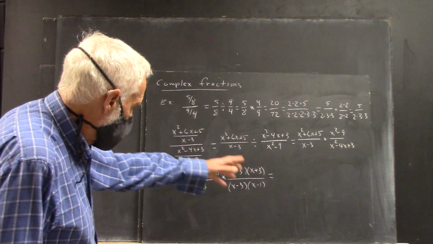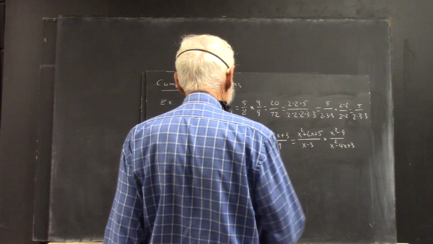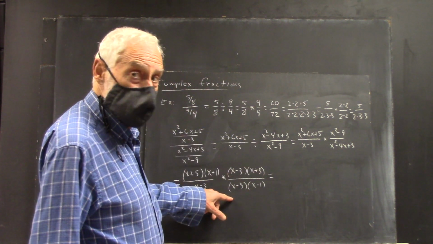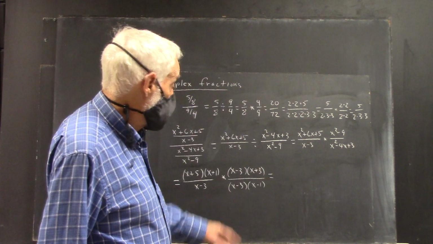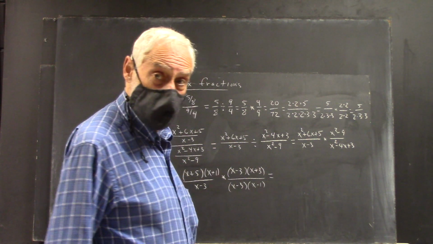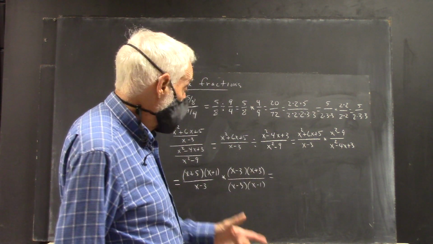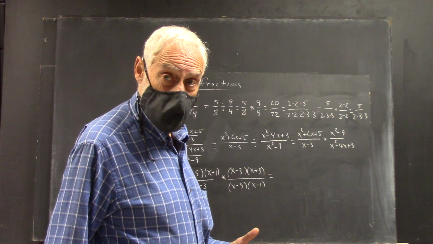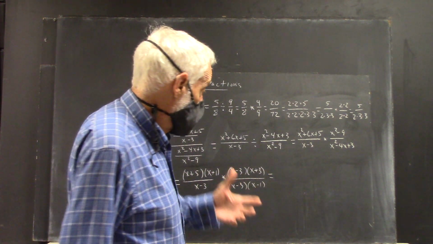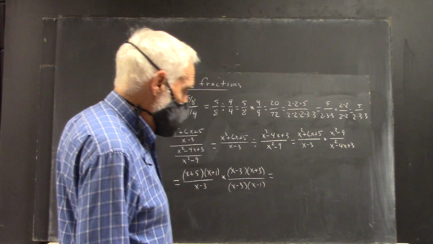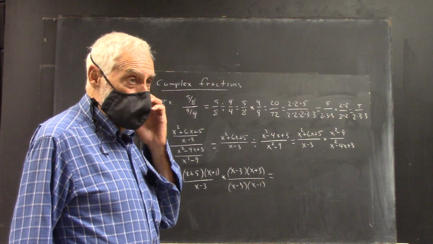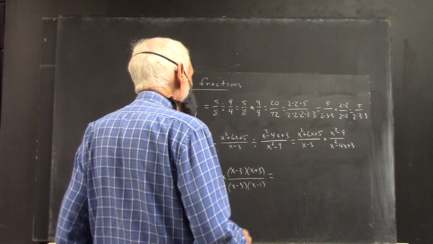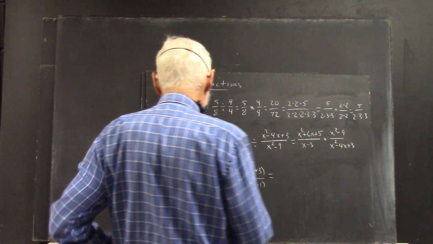Okay, so now I write out the entire numerator. Now, immediately, I could factor out the x minus 3's here. I don't just cross them out. I factor them out, make sure that these are actually factors, because cancellation doesn't work if you don't have factors. And people, as I've said many times, there's an epidemic of people factoring things that aren't factors, or canceling things that aren't factors. Canceling comes down to factorization.